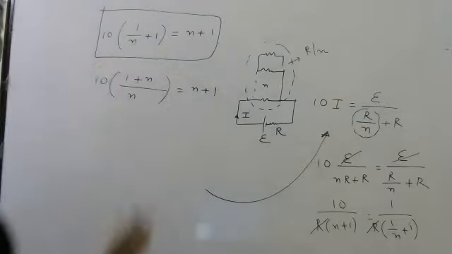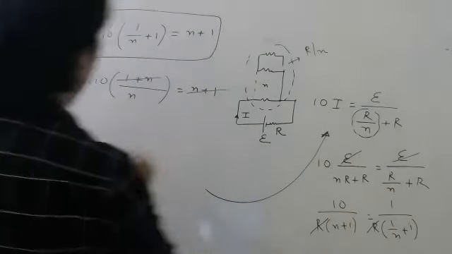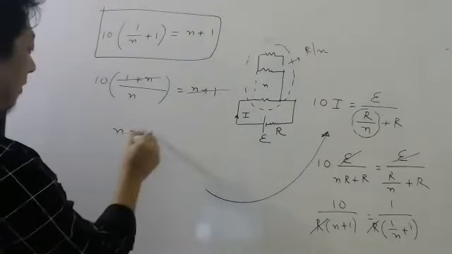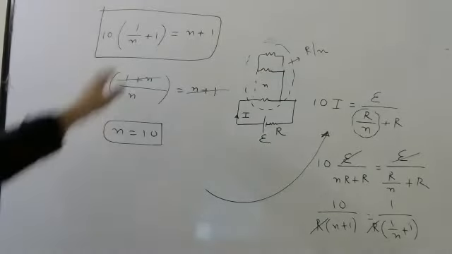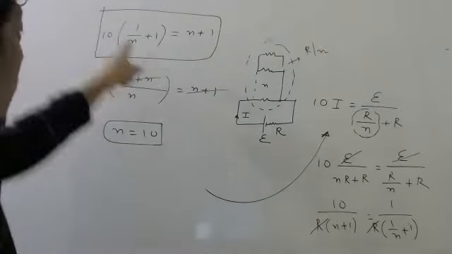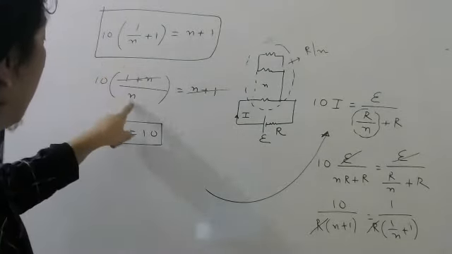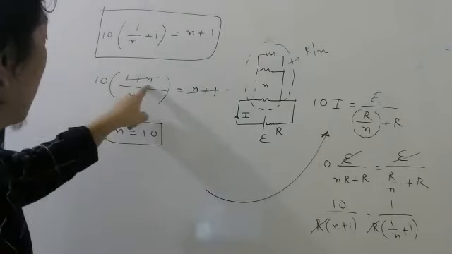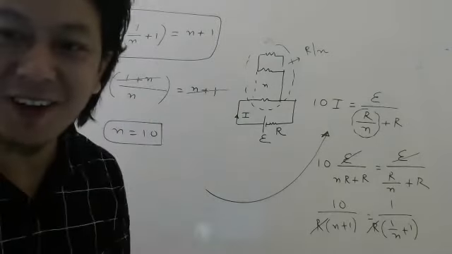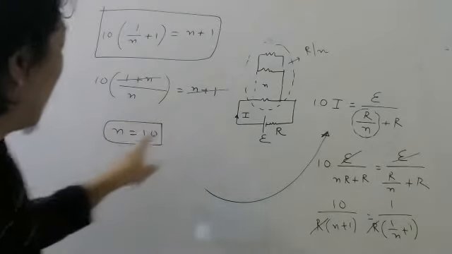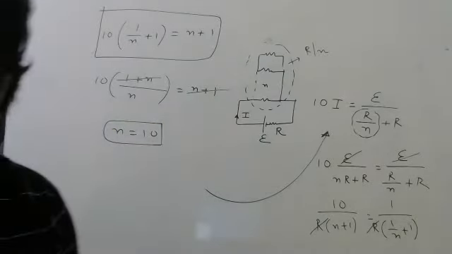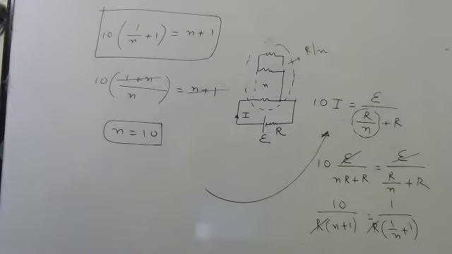If you take LCM, it will be N by N plus 1. 1 plus N is same as N plus 1. So N plus 1 will cancel, cross multiply, N will be 10. You will not get a quadratic equation. Again, a very good question from NCERT Exemplar.